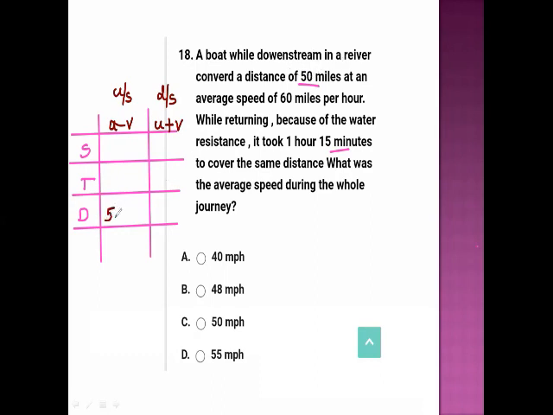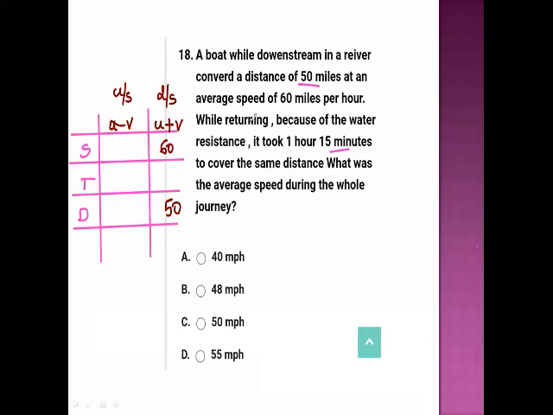A boat while traveling downstream in a river covered a distance of 50 miles. This is for the downstream, and the speed given while traveling downstream is 60 miles per hour.